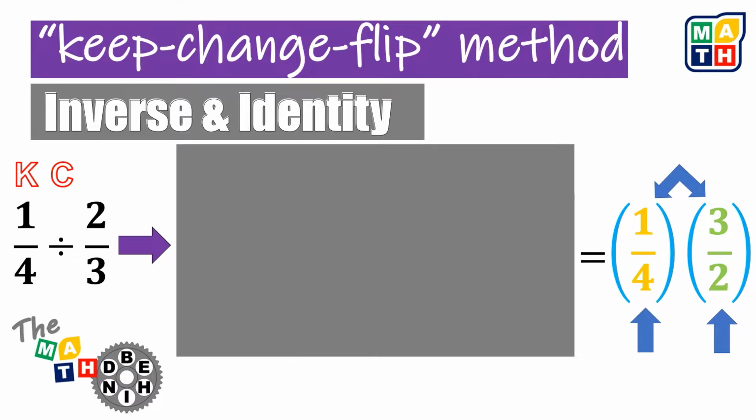And finally, the second fraction in the final form looks like a reciprocal or a flipping of the divisor in the given. Supposedly it's 2/3, right now it's 3 halves. As a summary, it looks like we kept 1/4, we changed the operation, and we flipped 2/3.